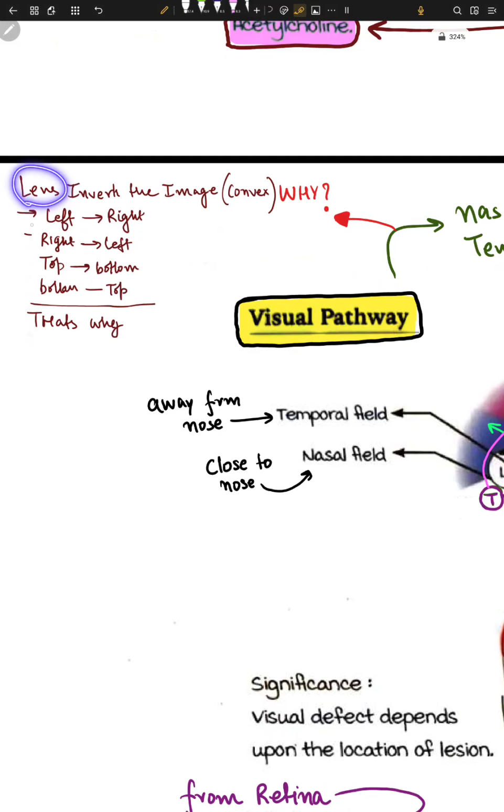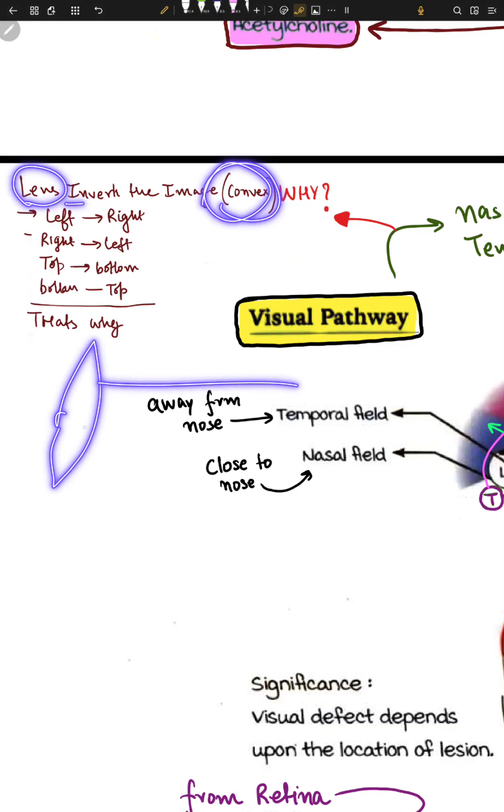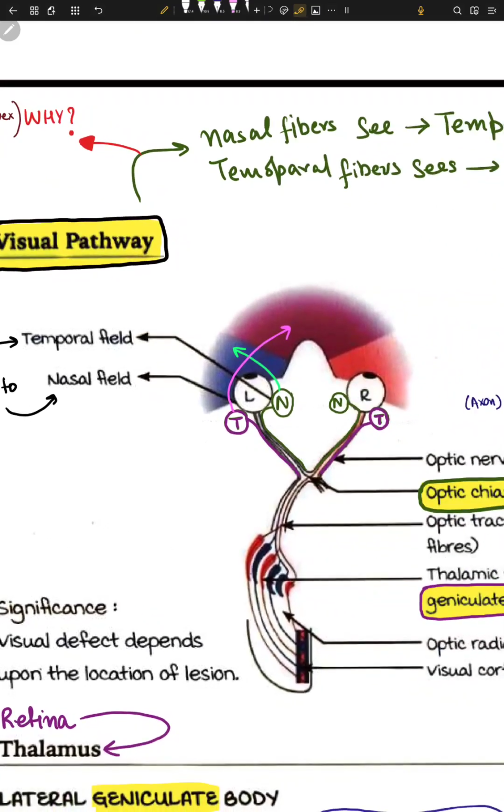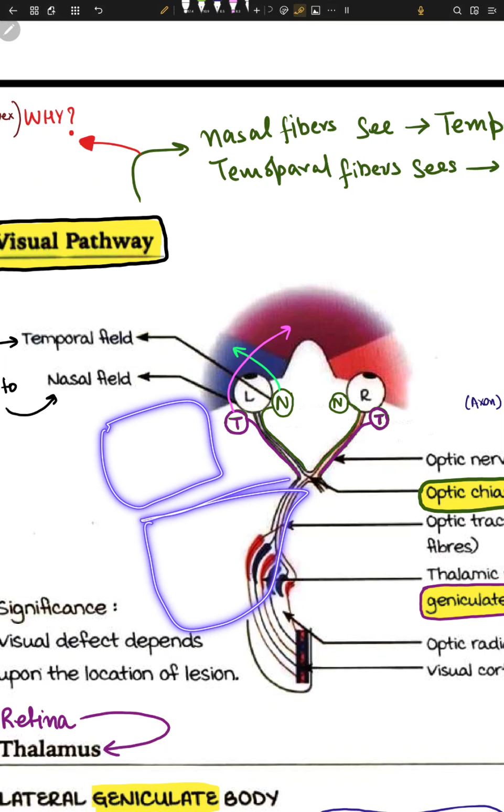Because the lens in our eye is convex, right? So whatever light is coming inside your lens, it gets inverted. The left side of the image goes on the right, the right side goes on the left, top goes bottom, bottom goes top, right? So that's why nature was like, okay, if the lens is convex, let's interchange your fibers' positions so that the image we get inside our brain is the right image.